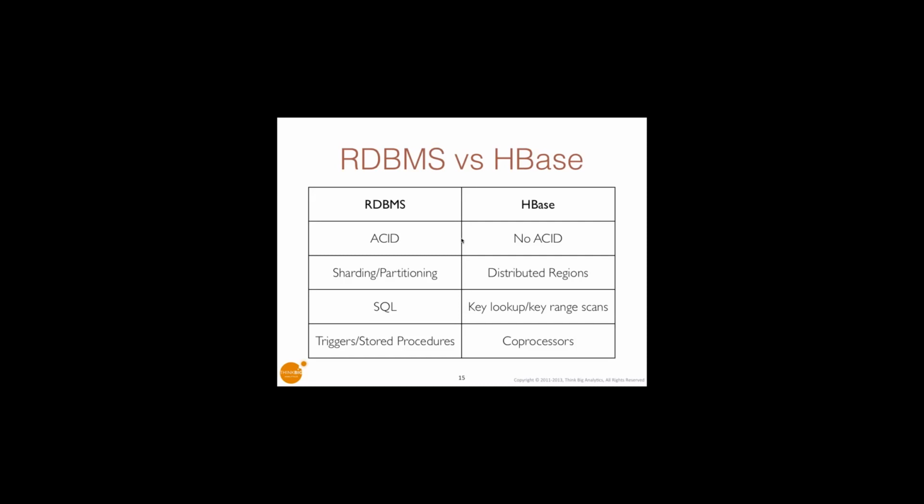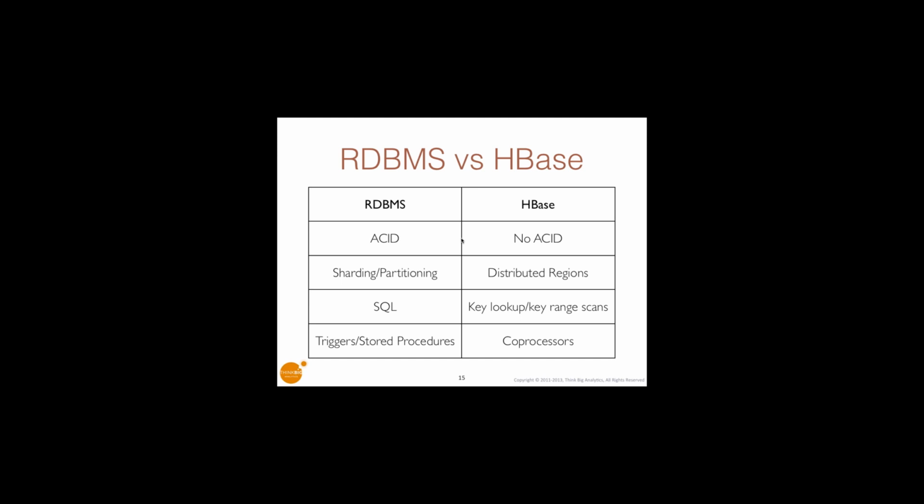If we want to compare relational databases versus HBase, we can go down the list. The first thing that comes to mind is ACID versus HBase not having ACID compliance. ACID is an acronym for atomicity, consistency, isolation, and durability. While HBase has similar features to allow it to function, it is not ACID, and that's a very important distinction.